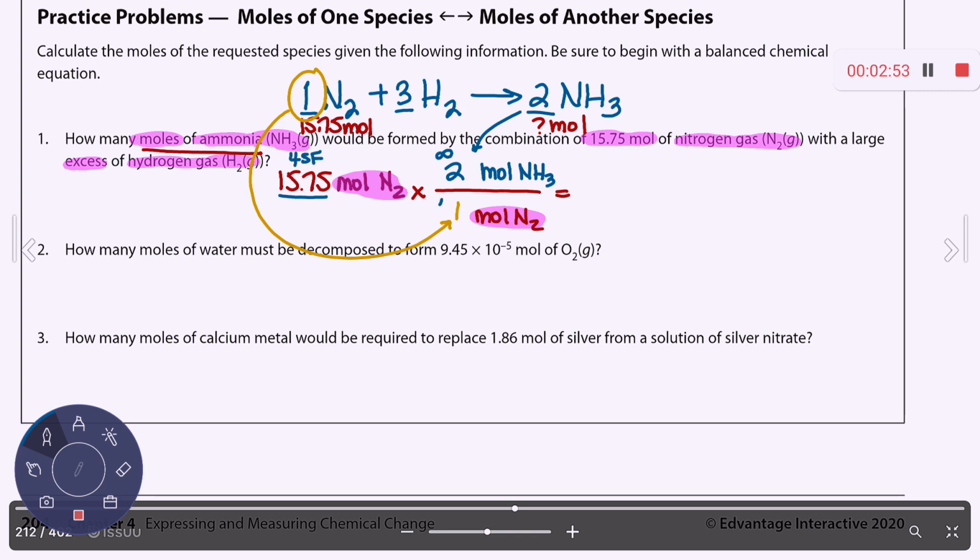The numbers 2 and 1 have infinite sig figs, so that means you will have 4 significant figures in your answer. And we've got 31.50 as our result. What do you think? Easy? Okay, so these are one-step conversions, moles of A to moles of B.